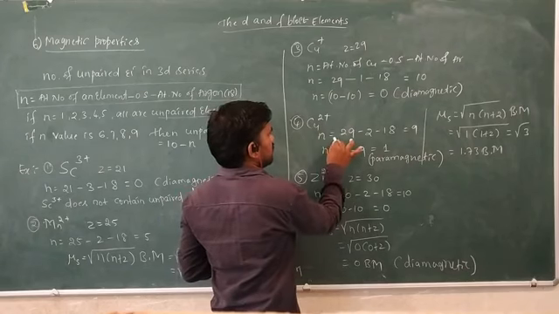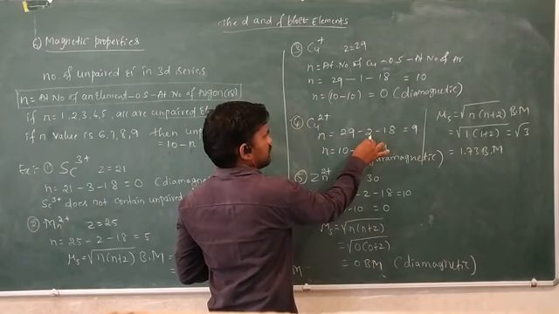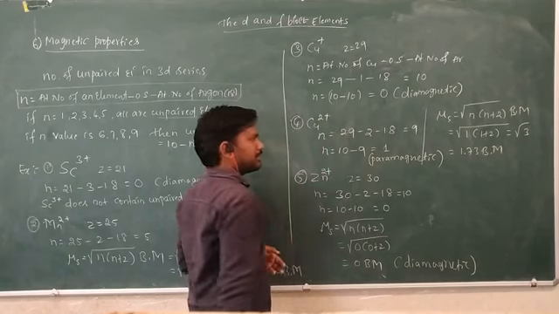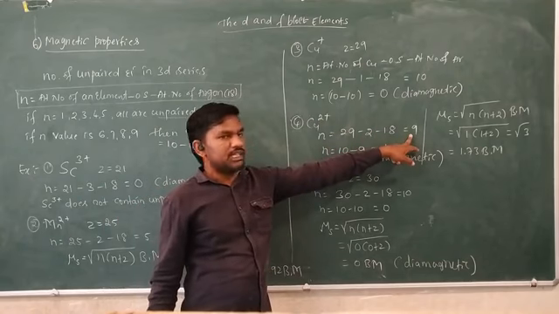Cu2+. Atomic number of copper 29, oxidation state 2, and nearest noble gas argon 18. The answer is 9, so 9 unpaired electrons.